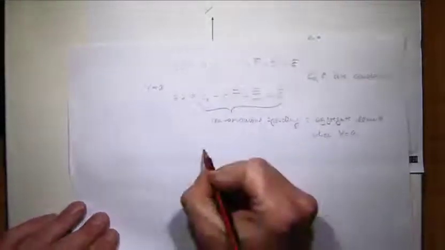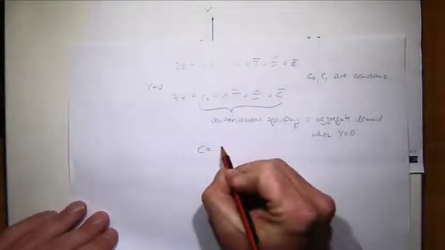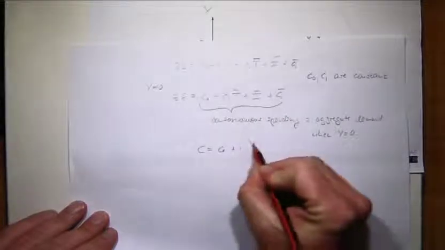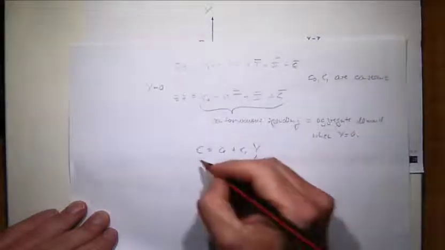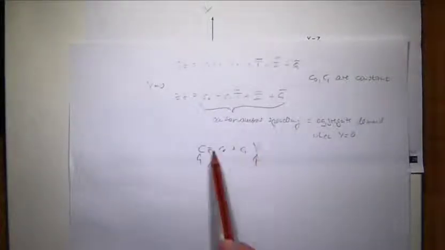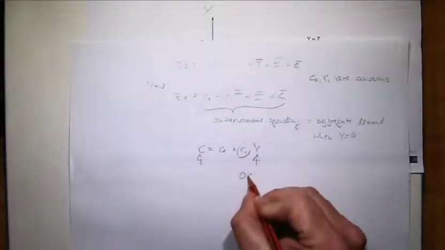Well, if my income goes up, since I have this consumption function, consumption will go up as well. How is this increase in income related to the increase in consumption? Well, we know that my marginal propensity to consume is between 0 and 1, so the increase will be less than the increase in income.